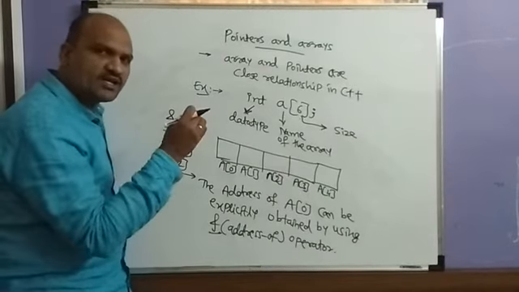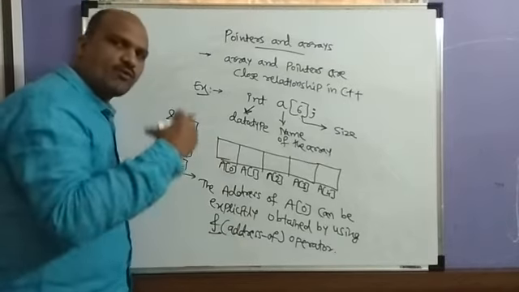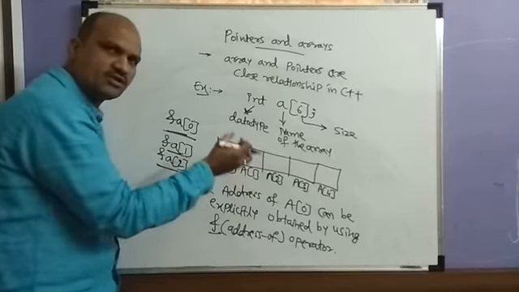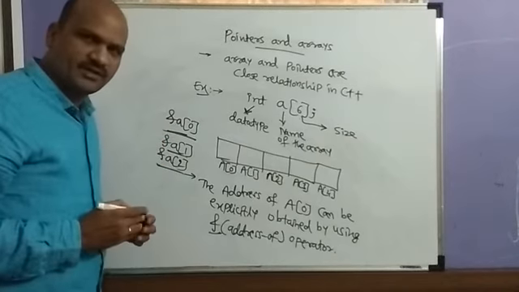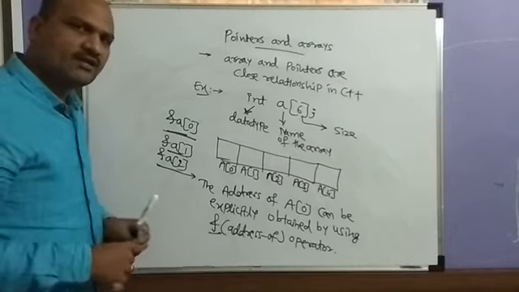So if you want the address of any position or element of the array, you can use the address operator. In the concept of pointers, you have the address operator.